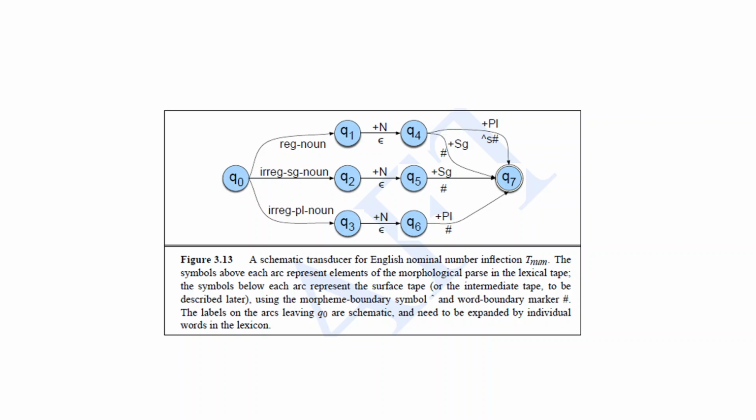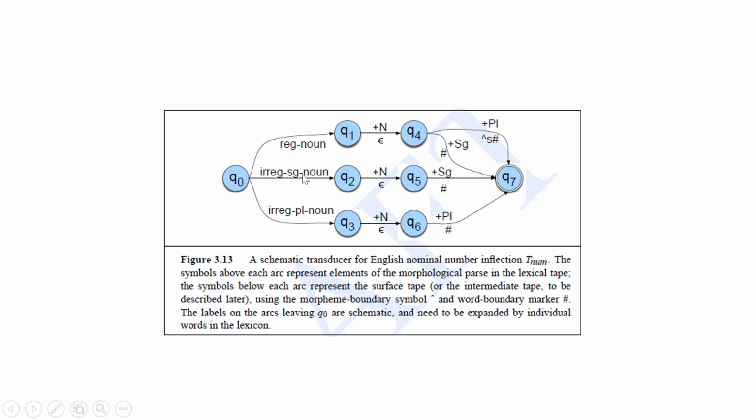If you have a cap symbol and then an s followed by the end of word symbol, it means it is plural. So when we read this, if this input is read, then you output plural. Similarly, an irregular singular noun is automatically there, say for example goose.